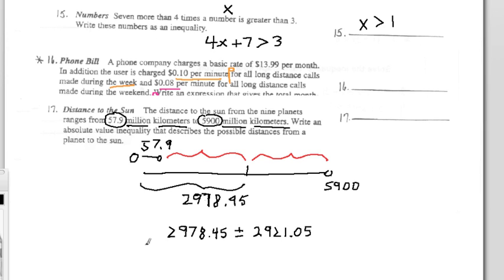Let's see, so the distance is going to be, let's say, less than, well, let's say the absolute value 2921.05.